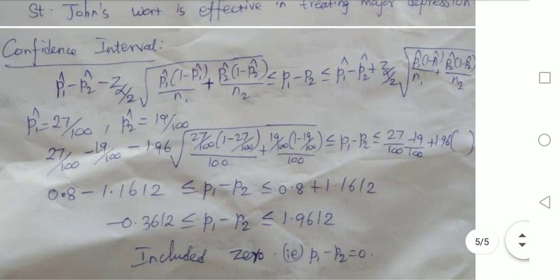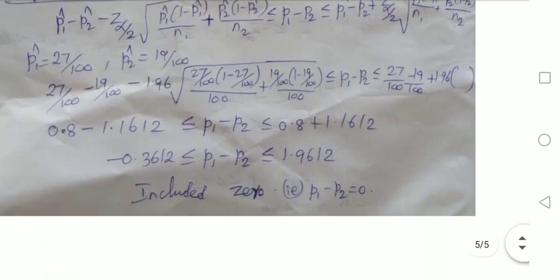If you substitute all the values, the interval is minus 0.3612 less than or equal to P1 minus P2 less than or equal to 1.9612. This interval includes the value 0, that is, P1 minus P2 equal to 0, or P1 equal to P2. So our conclusion is correct.